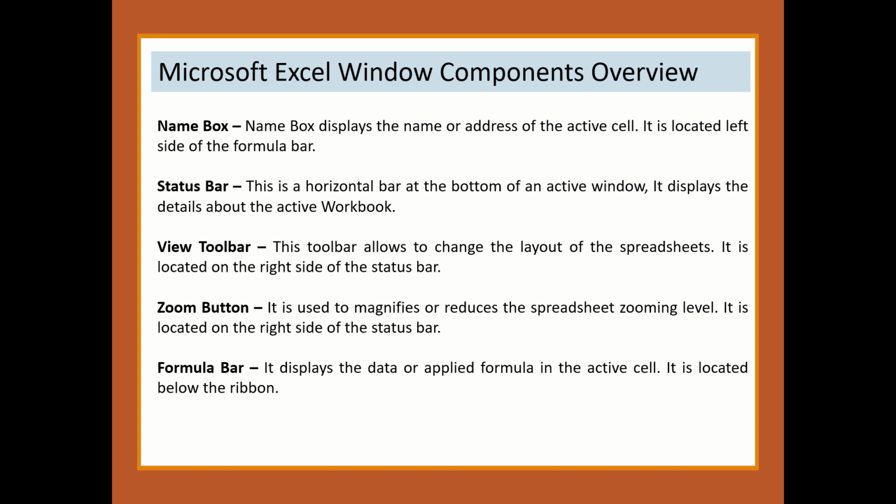And we also have the name box. As I said, each and every cell has an address. The name box displays the name or address of the active cell. It is located on the left side of the formula bar, which I showed you. Anyway, I am going to show you once again. And we have the status bar as well, and we have view toolbar, zoom buttons, and formula bar.